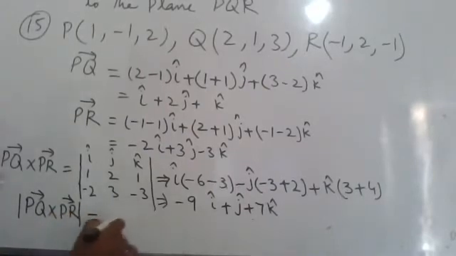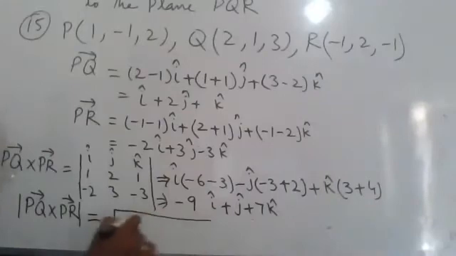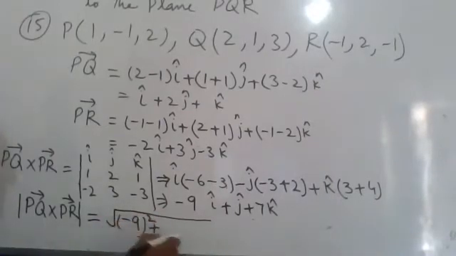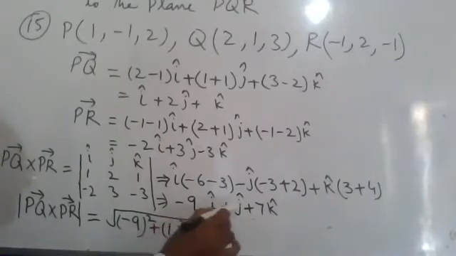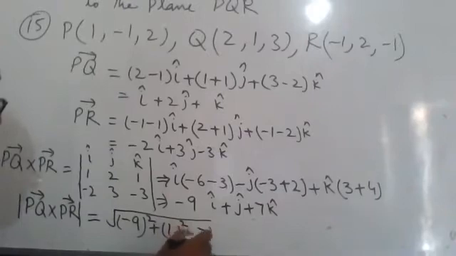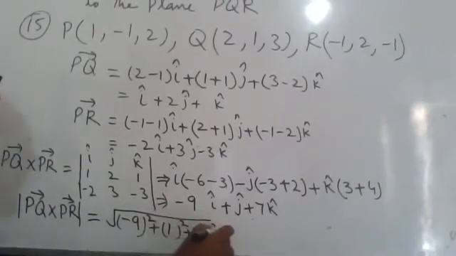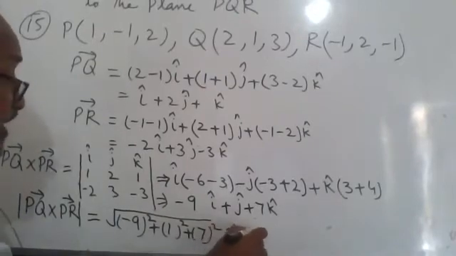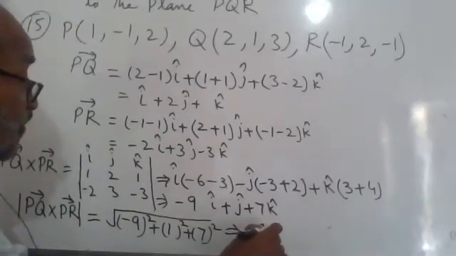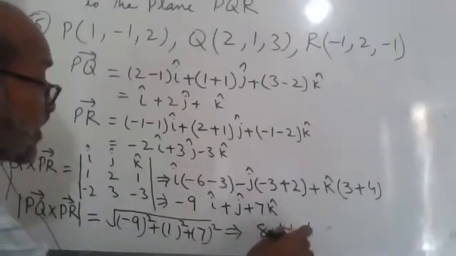It will become under root minus 9 square plus 1 square plus 7 square, which is 81 plus 1 plus 49.